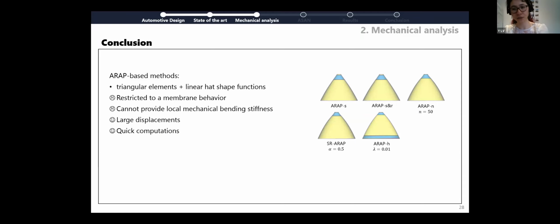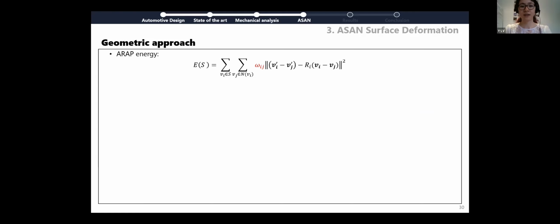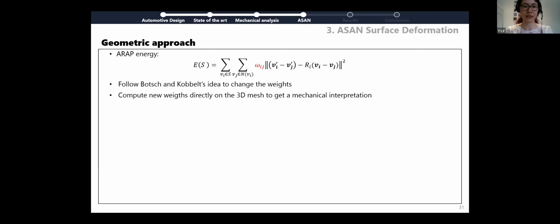So that is why we decided to stick with this approach, but we will use another way, mechanically coherent, to increase the stiffness and control it locally, which is by using an anisotropic material. So since the ARAP deformation energy is weighted, we follow Bosch and Kobbelt's idea to change the weights, and we compute these new weights directly on the 3D mesh.